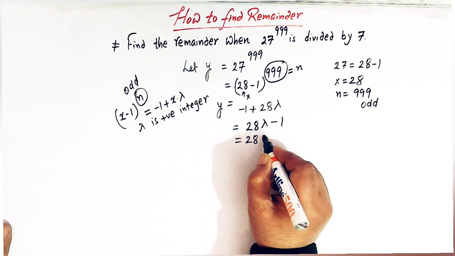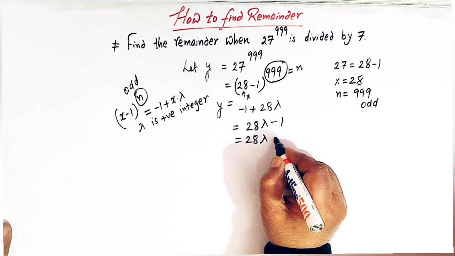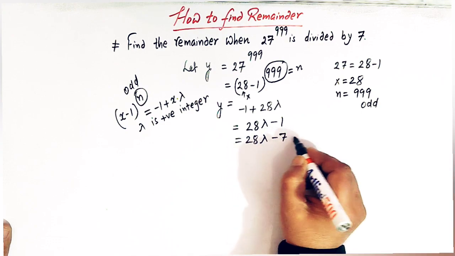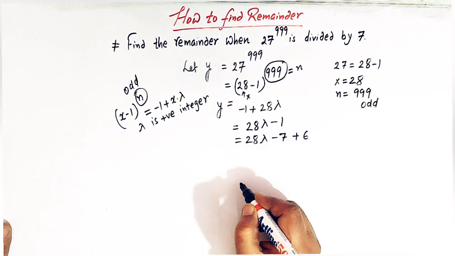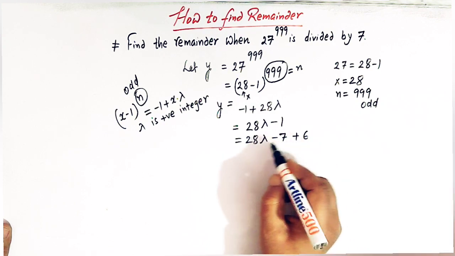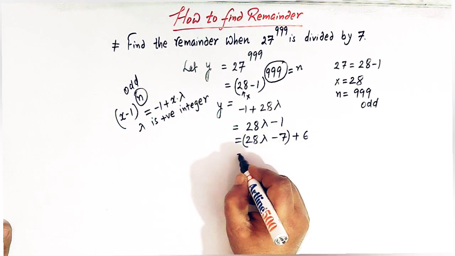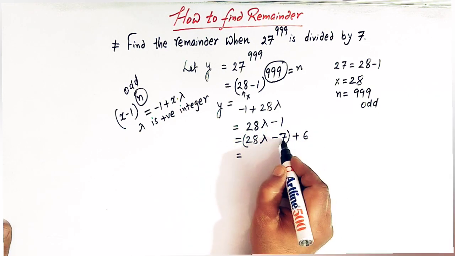We can write 28 lambda, and now minus 1 can be written as minus 7 plus 6, right? So why have we written here minus 7 plus 6? Because we can now combine these two terms, and we can take 7 common out of these two.